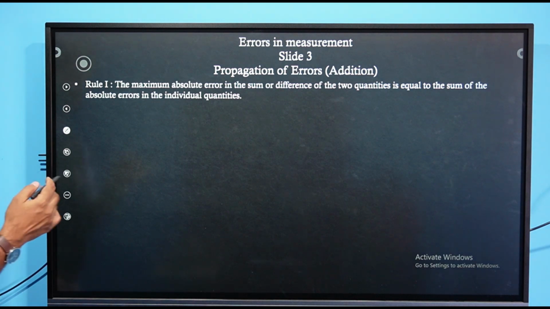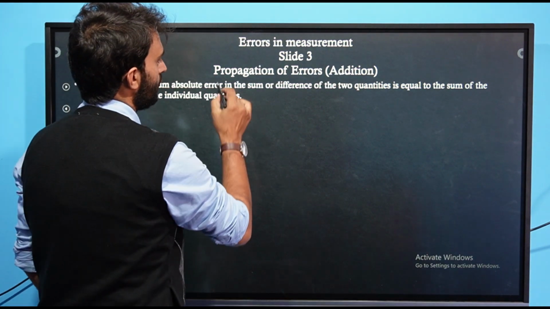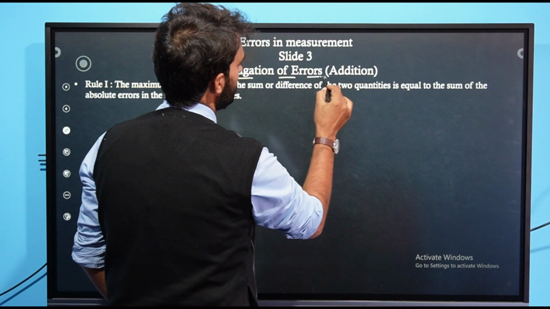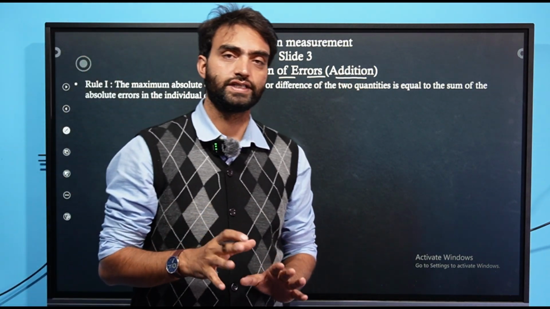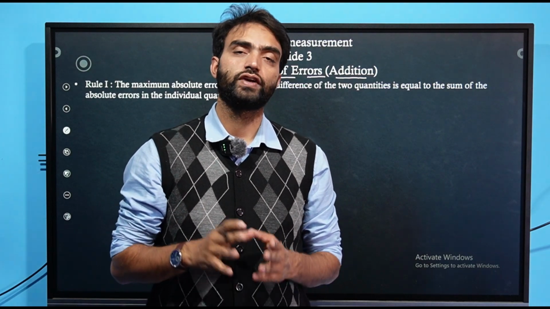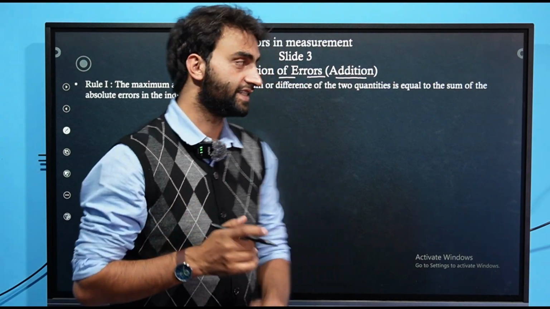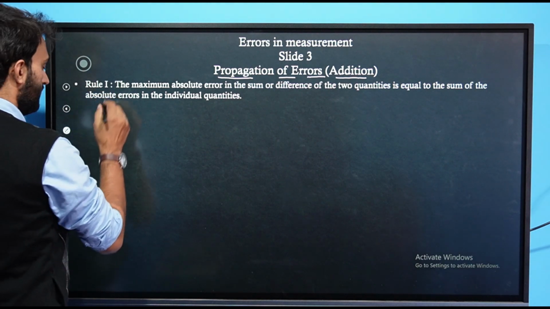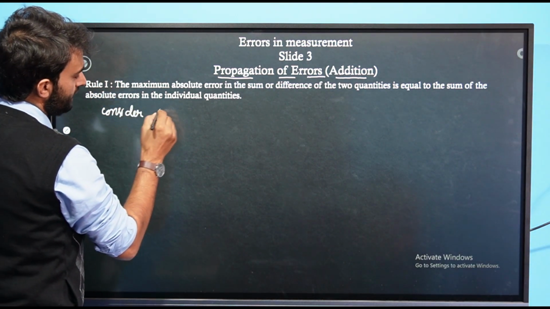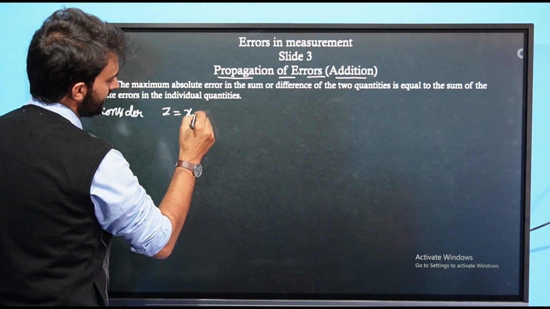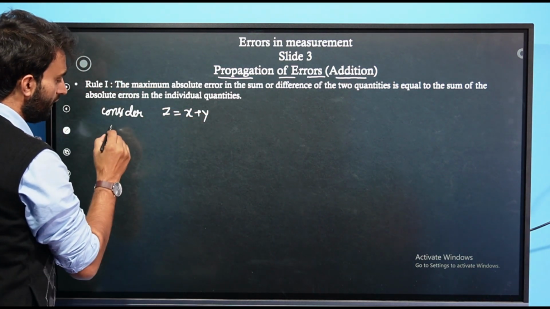In this slide, we are going to study about the propagation of errors in case of addition. So let us suppose we have 2 quantities x and y, which when added give another quantity, that is z. So consider z is equal to x plus y.